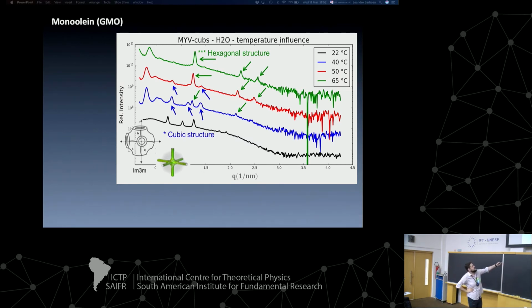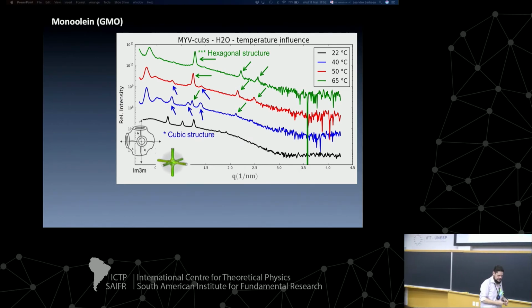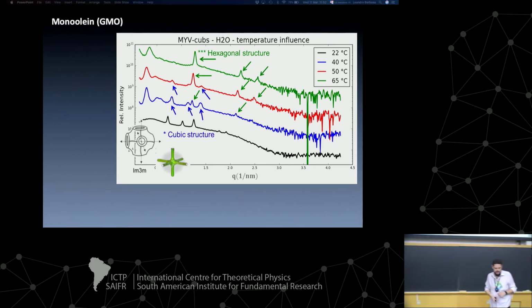And we can see that when we increase the temperature, we have other different structures. For example, here we have a hexagonal signature. Those are very typical of hexagonal signatures. And we also have some features over here, which we believe, according to the literature, are a very strange phase that sometimes also happens in cubic structures.